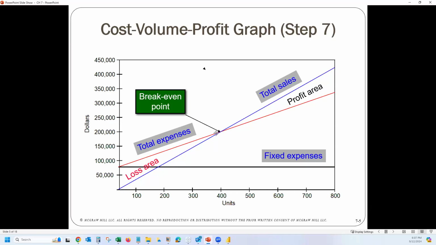At this point in which we cover both the fixed costs and the variable costs, we will break even. This point here is a point in which you neither make profit nor loss.